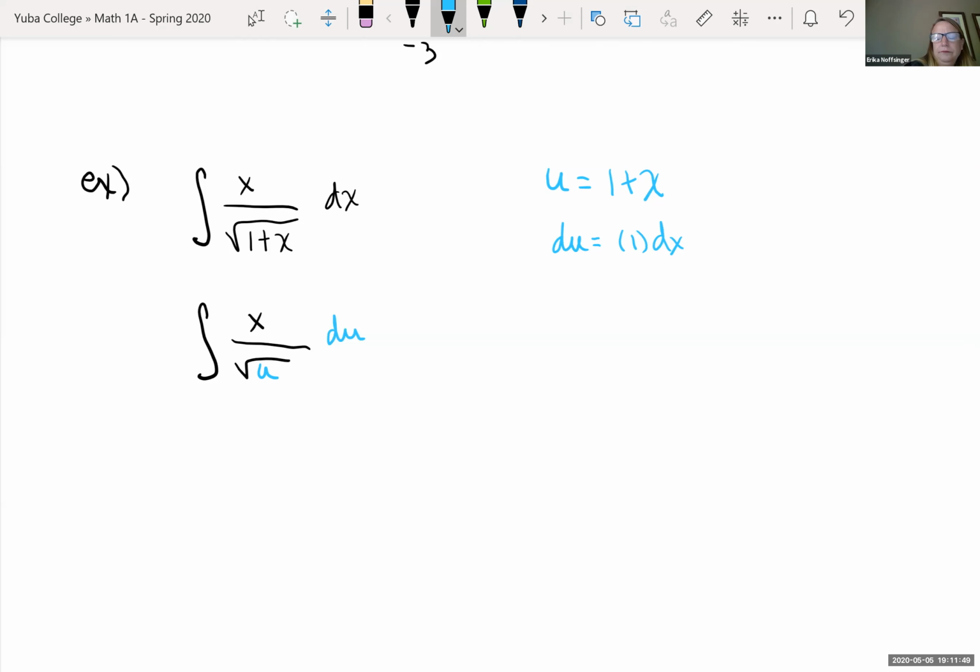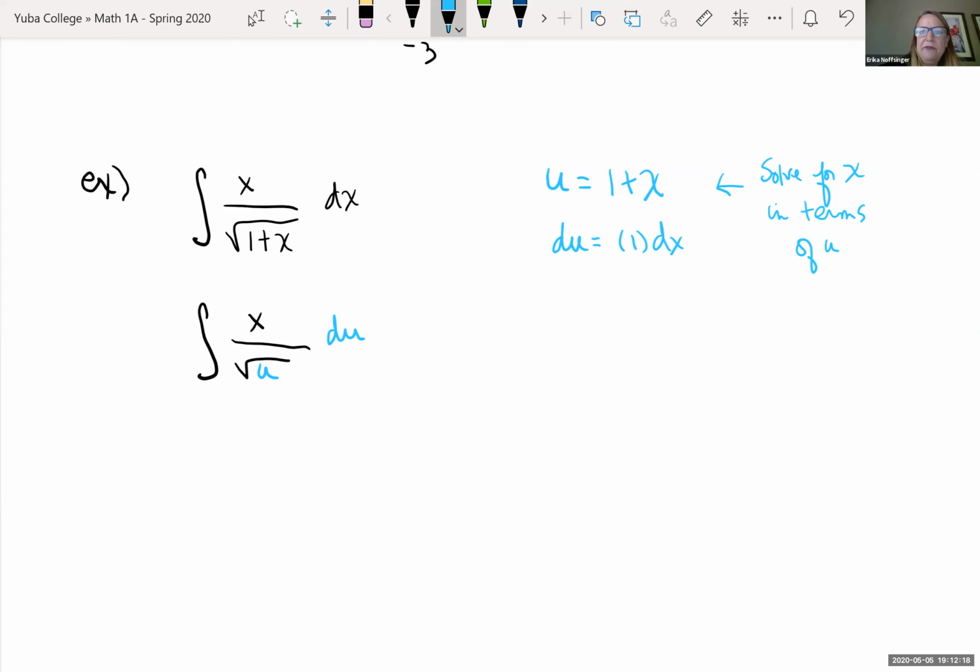Okay, but I also noticed that in here, so sometimes this is helpful. You want to go back to what you used u to be and solve for x in terms of u. So let's solve for x in terms of u. So I just want to get x by itself.